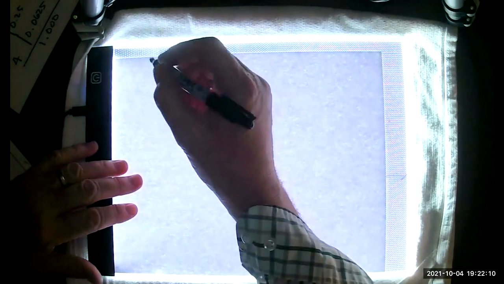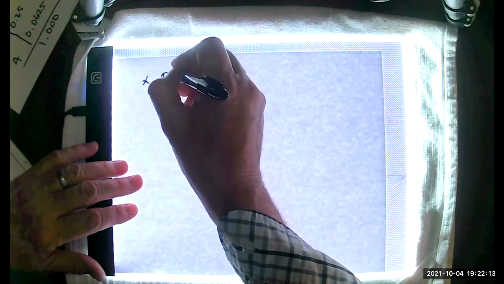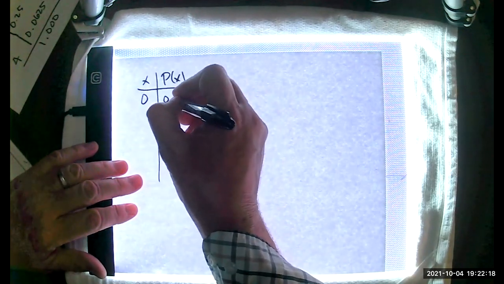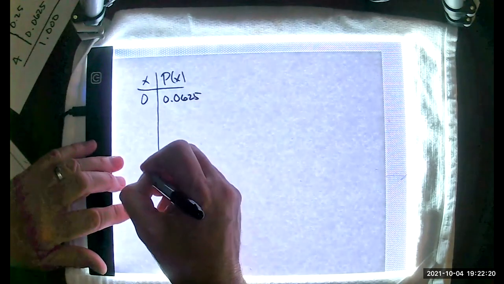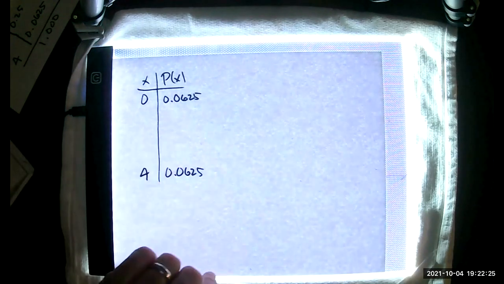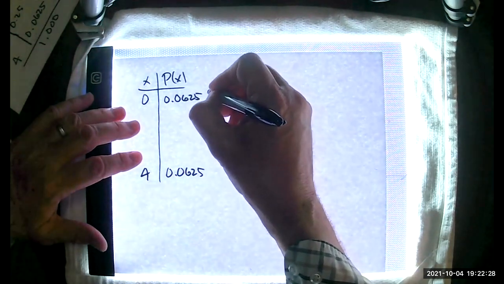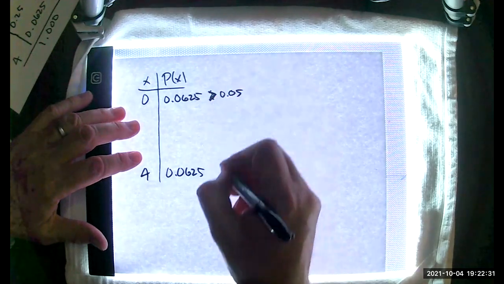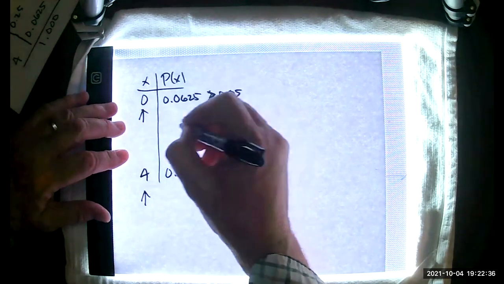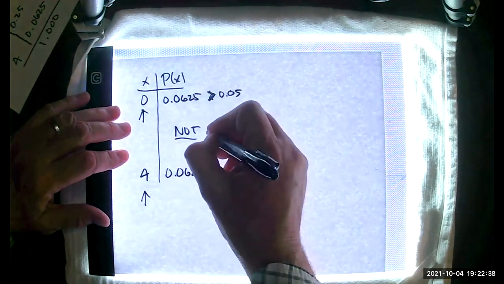If I go back to that previous example, I'm going to just put in the 2 at the end. You'll notice that both of these values are greater than 0.05. So neither one of these would be significant.